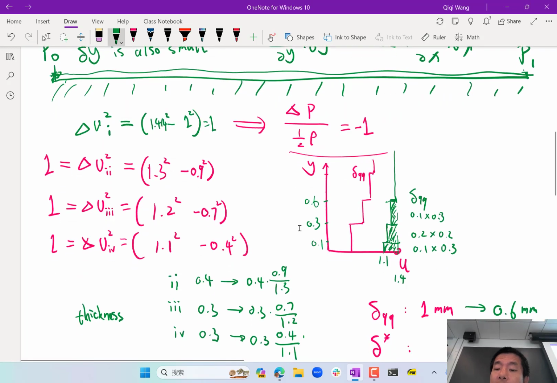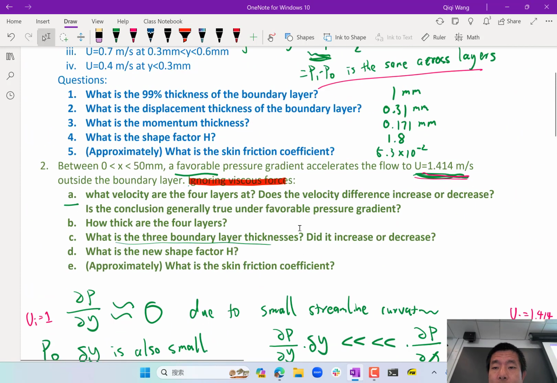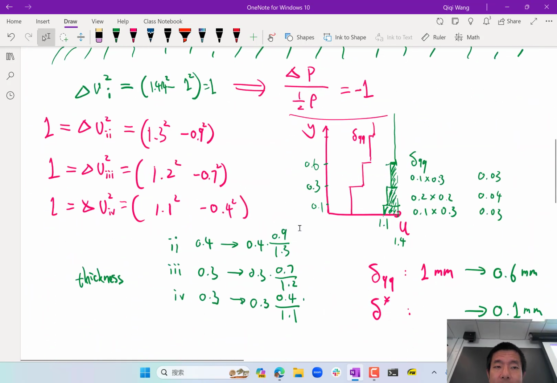If you multiply and sum them up, that comes to 0.1 millimeters. And initially it was how much? 0.31. So it has significantly decreased.